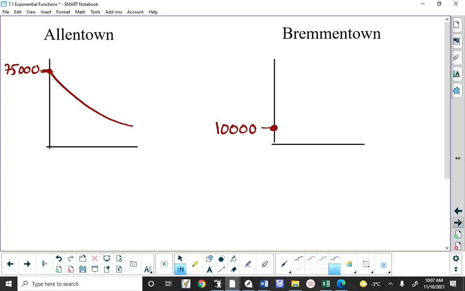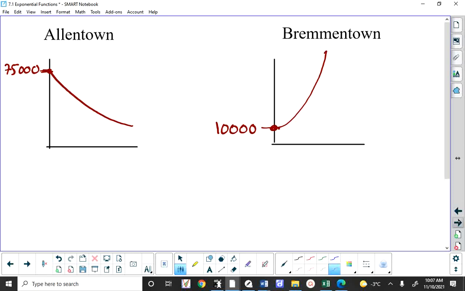In other words, if I drew it like this, I don't think I would be doing it justice. It has to be kind of steeper than the negative steepness of Allentown, because it's going up at a greater rate. I don't know exactly; the steepness doesn't matter. I'm just trying to be a little bit precise here.